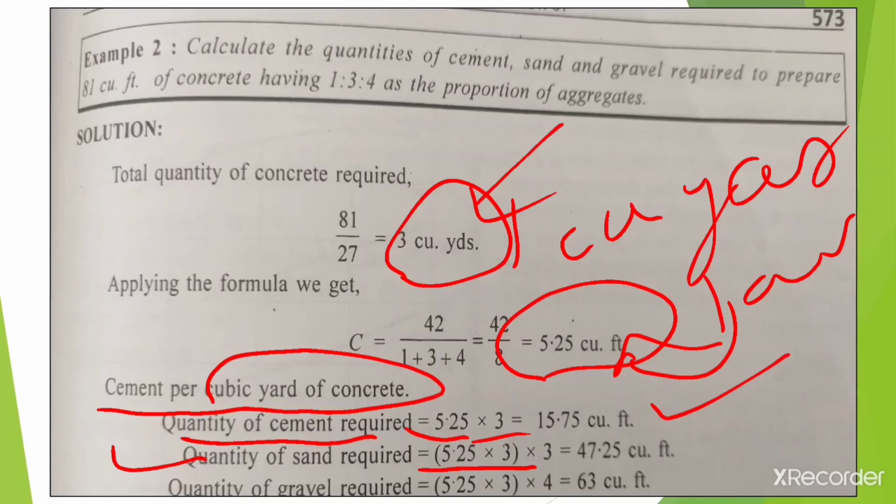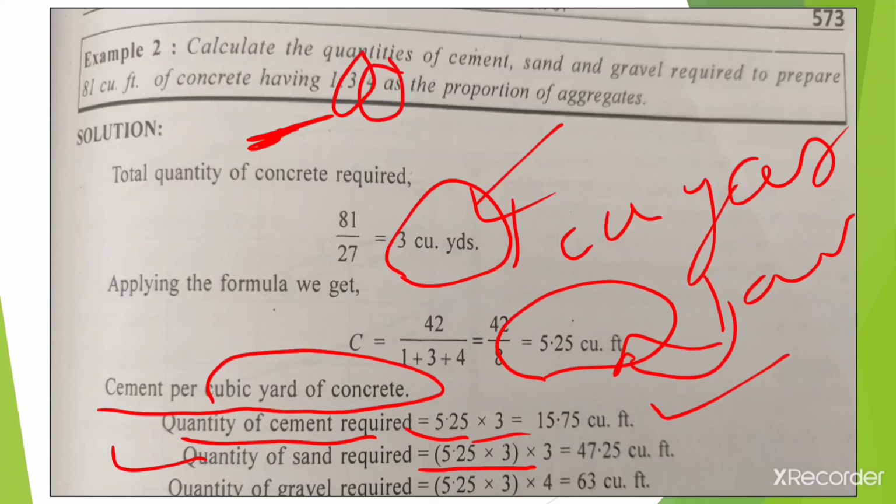Here the proportion of aggregates is given, right? So suppose for example, if 1 kg or 1 unit of the cement is given here, then the total quantity of sand will be 3 times of the cement.